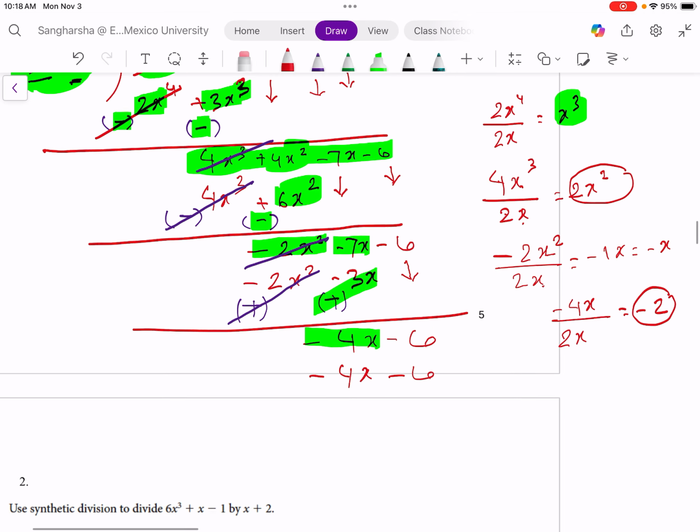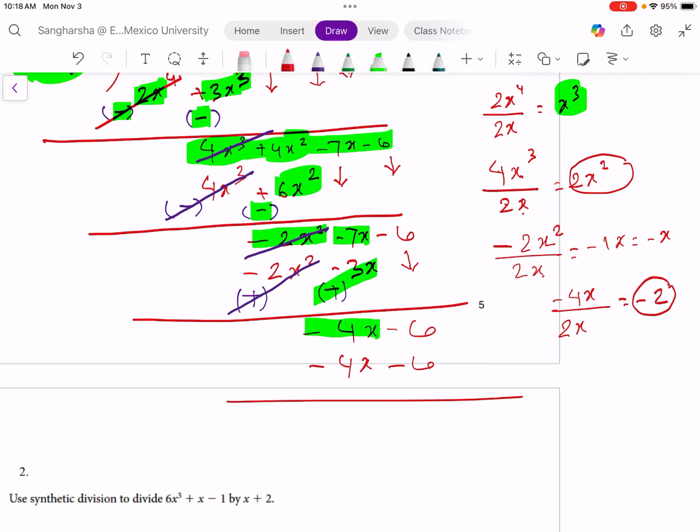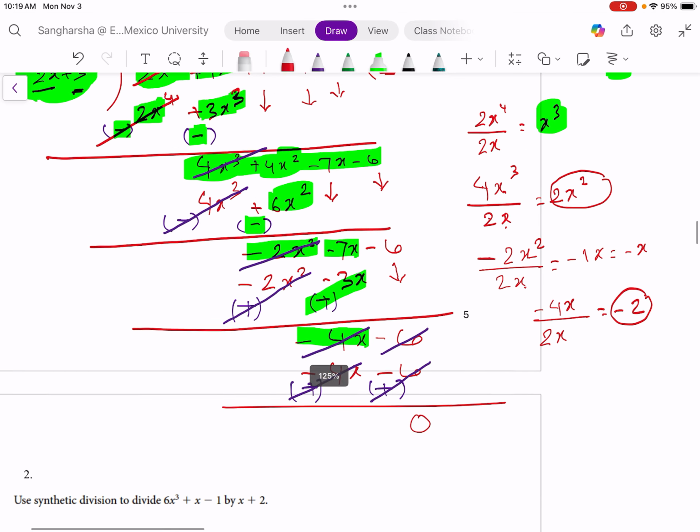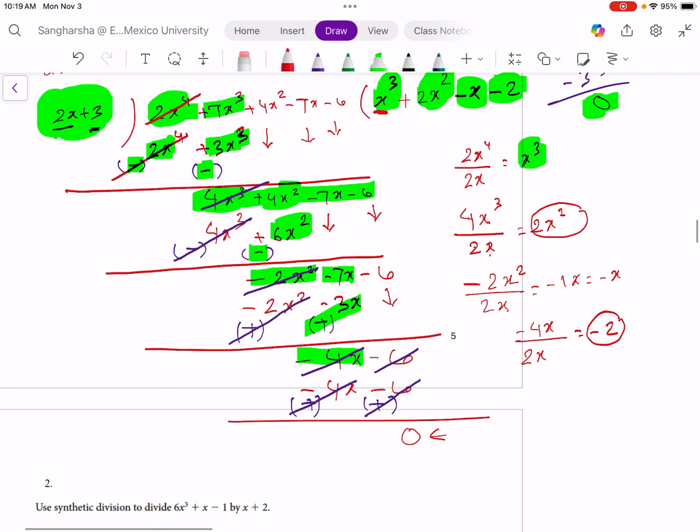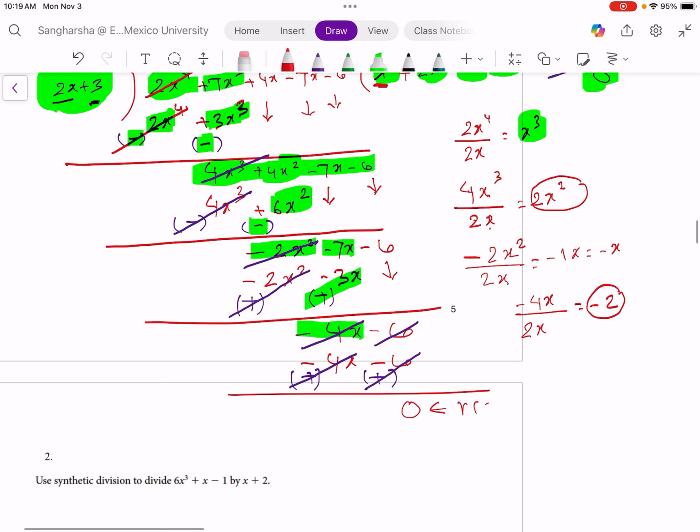We change the sign. Do not forget to change sign. So negative 4x changes into positive 4x. Negative 6 changes to positive 6. So positive 4x, negative 4x, 0. Positive 6, negative 6, 0. So here we have 0. Now this 0 is our remainder, which is r of x.